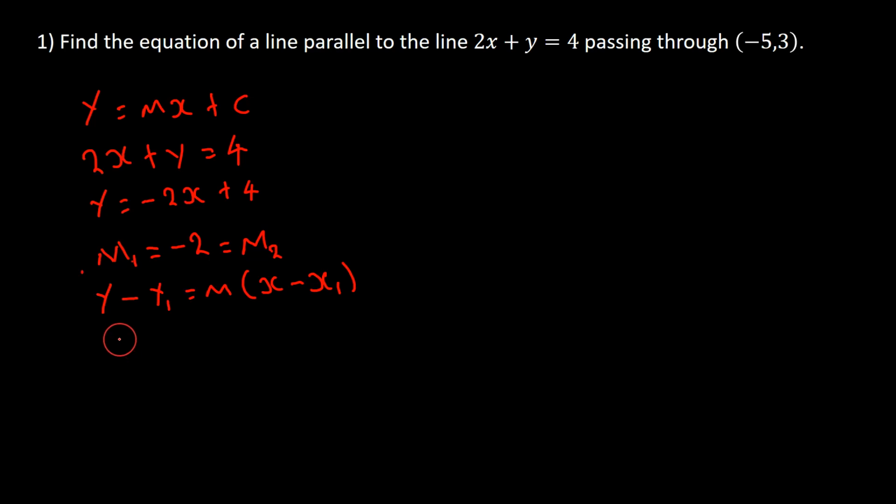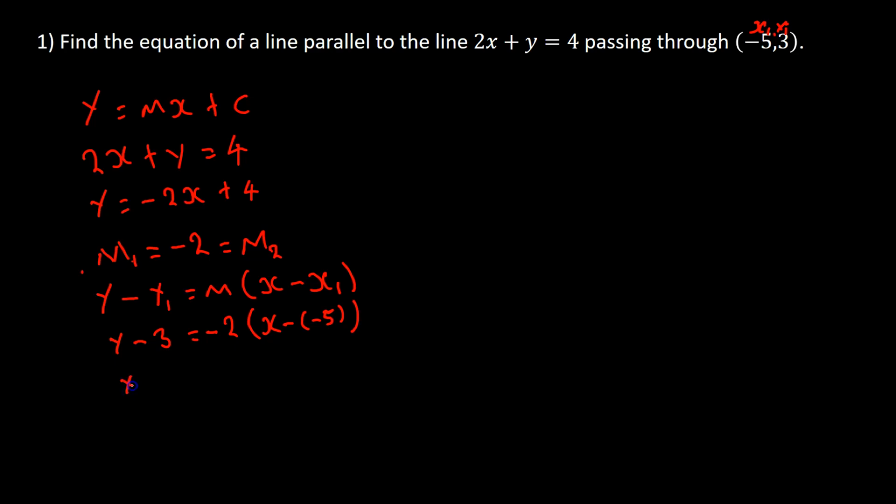So you have y minus 3. The 3 there is y1. And the negative 5 is the x1. Then you have m here, which is negative 2, times x minus, and the value for x1 is negative 5, so we can put it in brackets there.